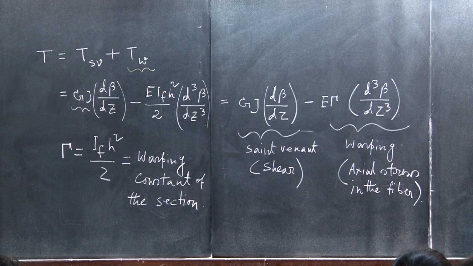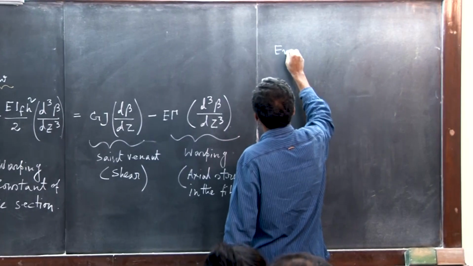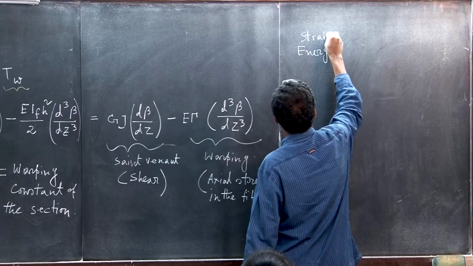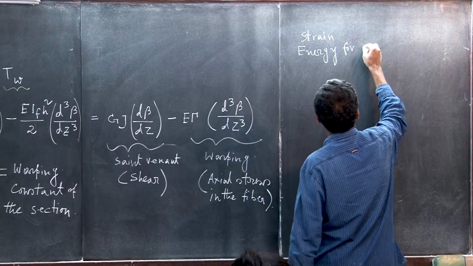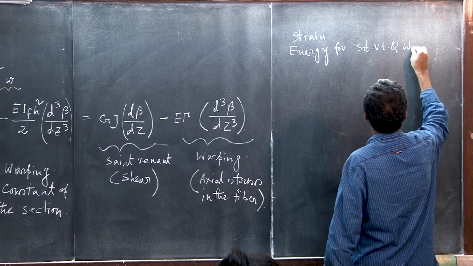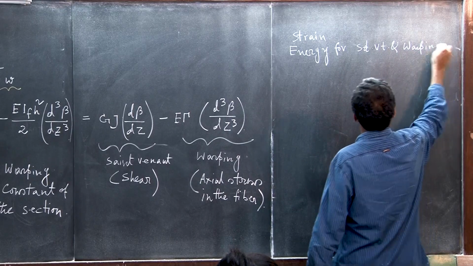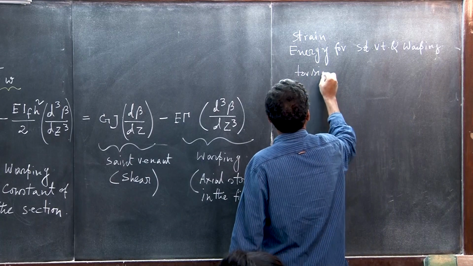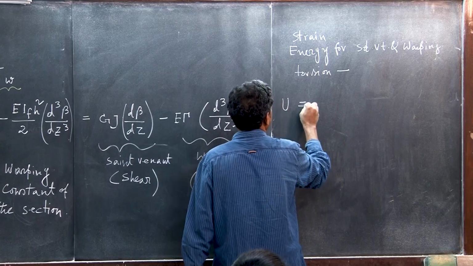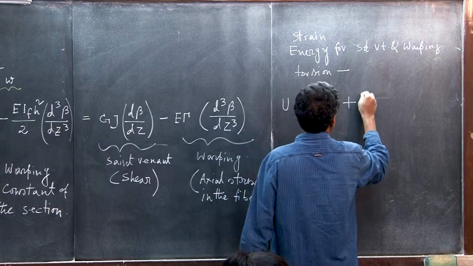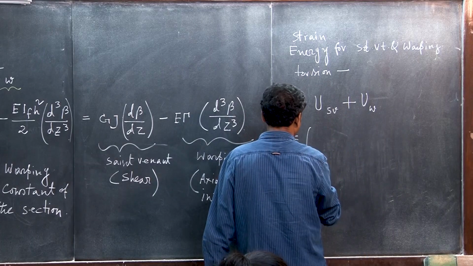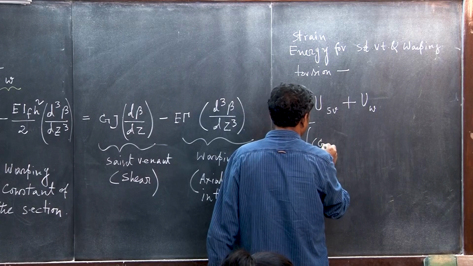So, here if we want to write the strain energy for Saint-Venant torsion and warping torsion, I do not require to derive it, but you can understand U is equal to U Saint-Venant plus U warping. So, Saint-Venant will be what? You all know what it is. Integration of GJ.